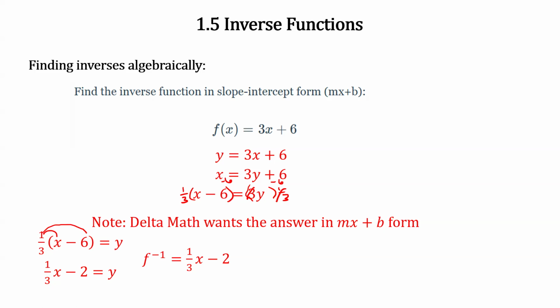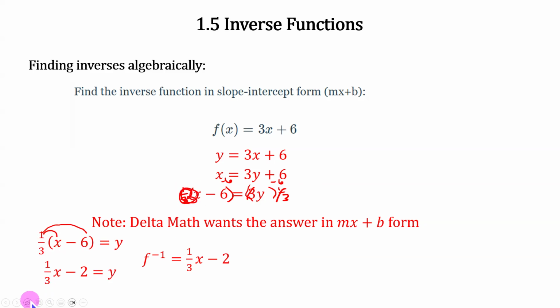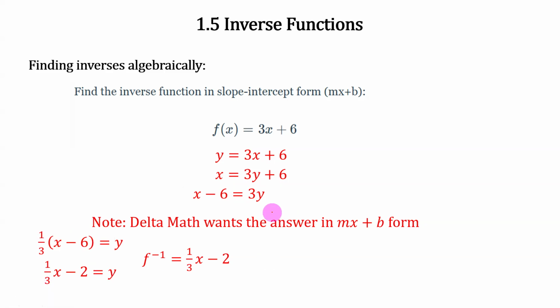For most anything else, I would just divide by 3 and divide by 3, and to me, you're done. I think that is a perfectly acceptable answer, but Delta Math is going to want it like this.